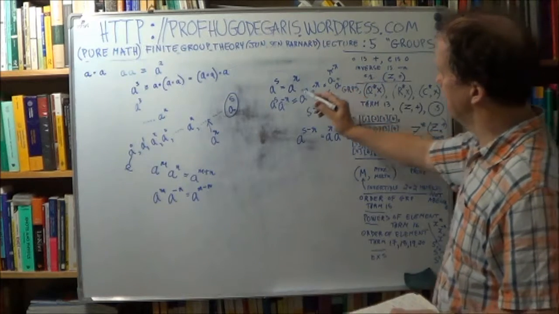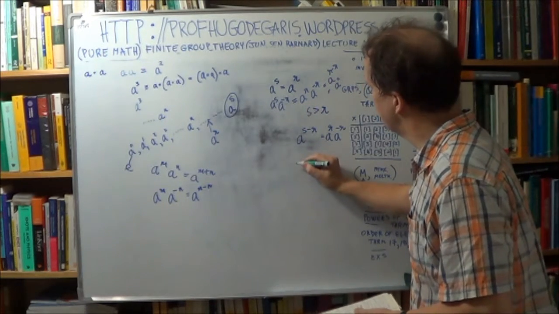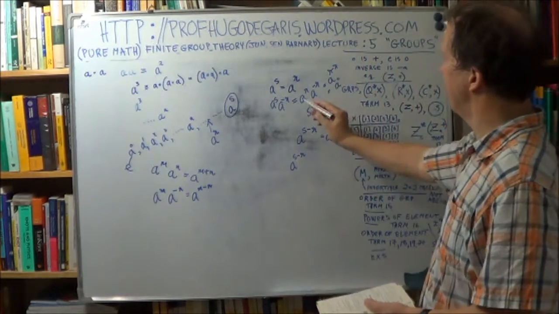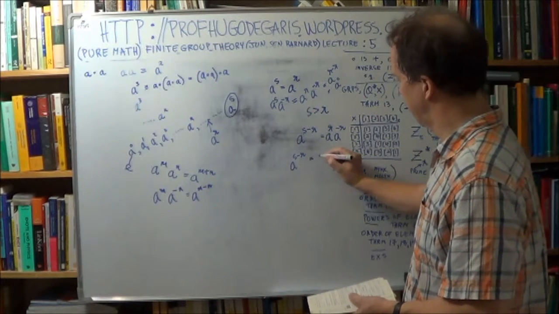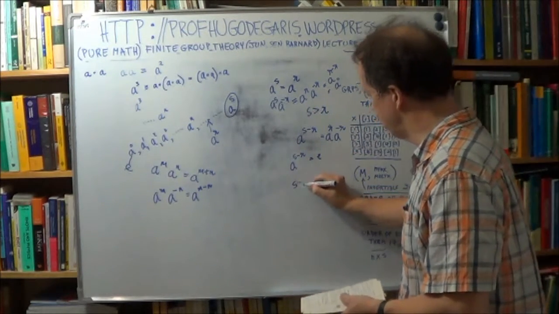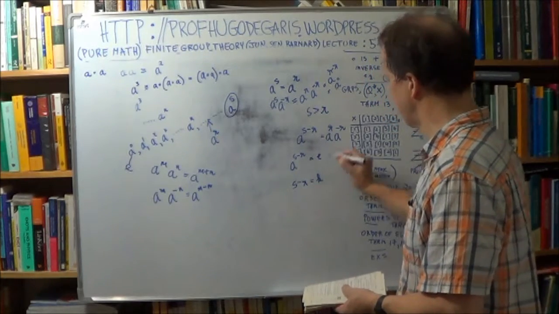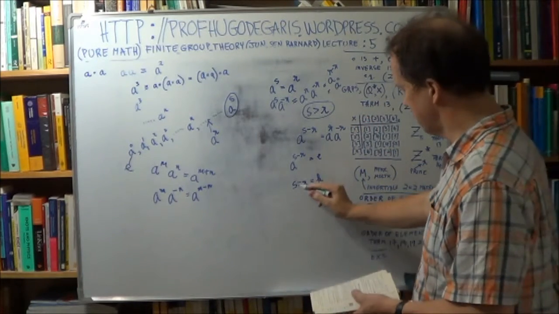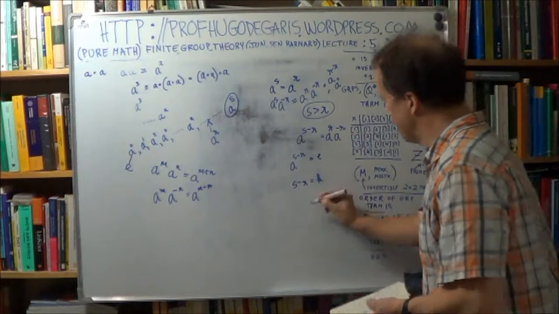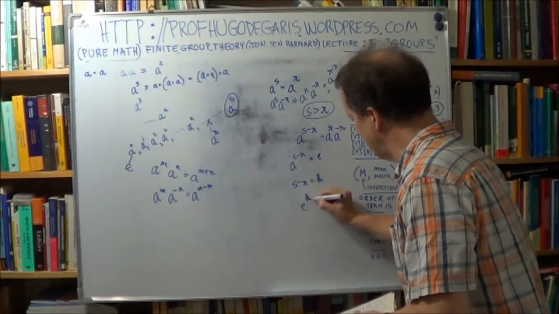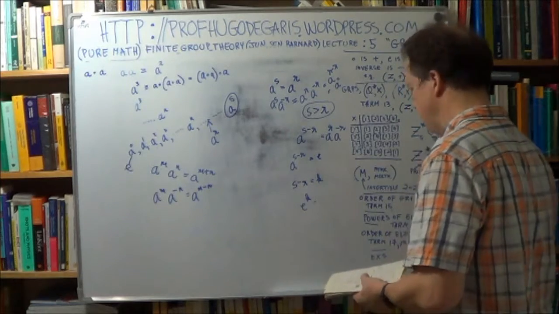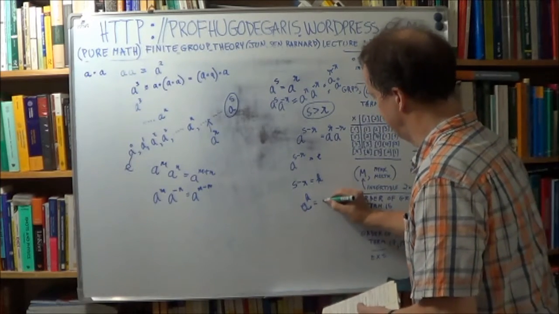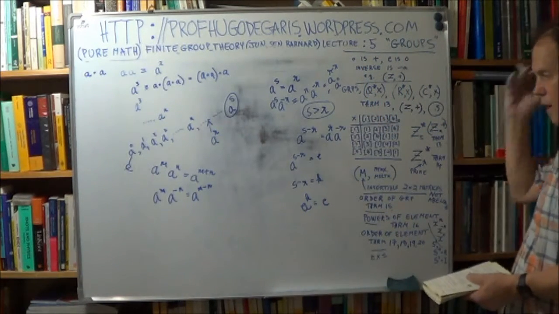So what I've got here is that A to the S minus R is E. Now let's rewrite S minus R as some other integer k, because we've assumed S is greater than R. So let's just relabel S minus R as k. So that means that A to the k is E.